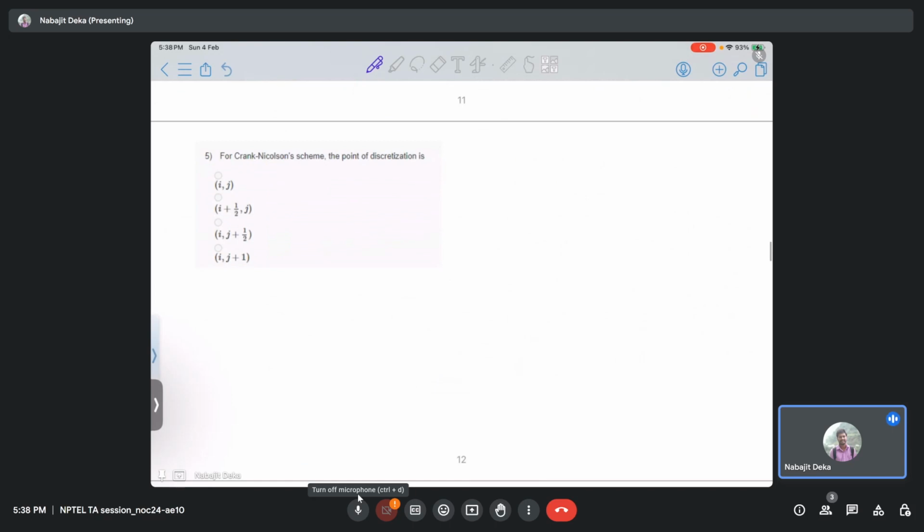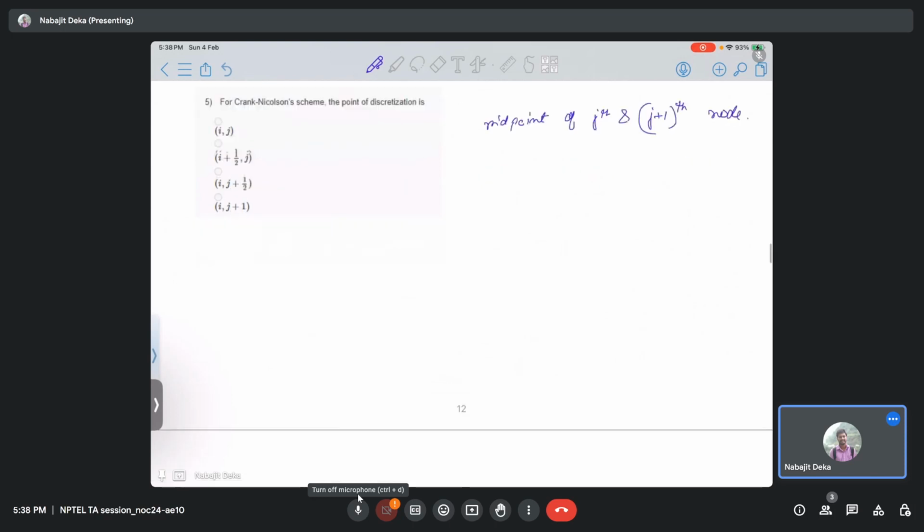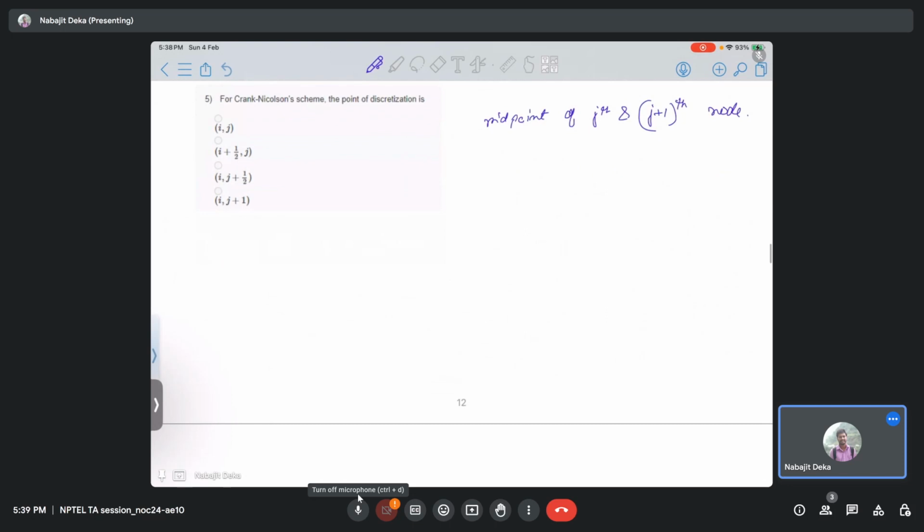Then the fifth question is, for the Crank-Nicolson scheme, the point of discretization is... So for the Crank-Nicolson scheme, we discretize at the midpoint of j and the j plus 1th node. So we have this del u del t equal to del square u del x square.